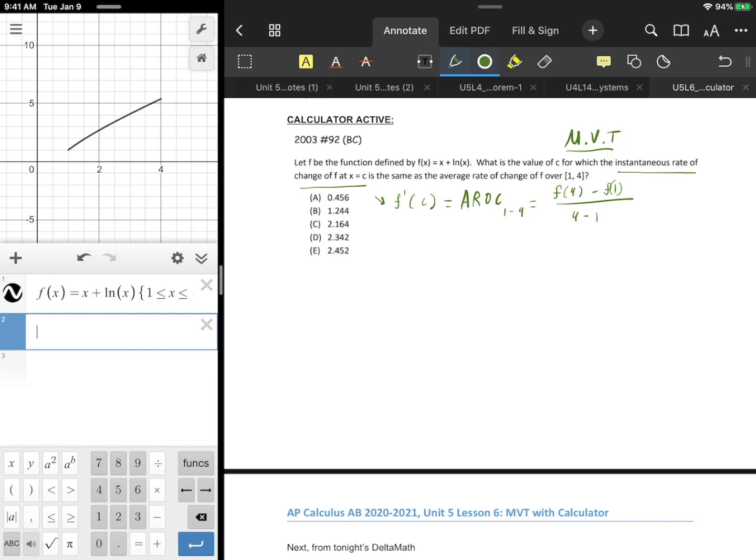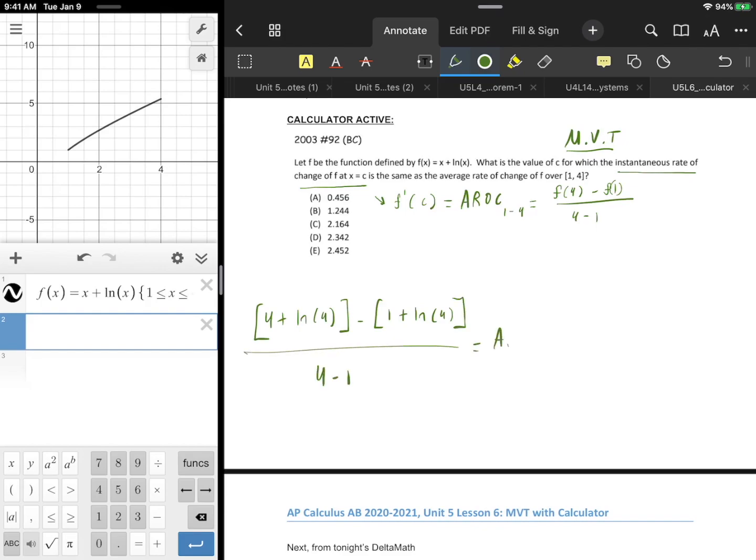And so the first thing we need to do is actually calculate this rate of change. And here is where the calculator is super useful. You could technically take out a TI-83 and type in 4 plus the natural log of 4, all of that, minus 1 plus the natural log of 4, all of that over 4 minus 1.